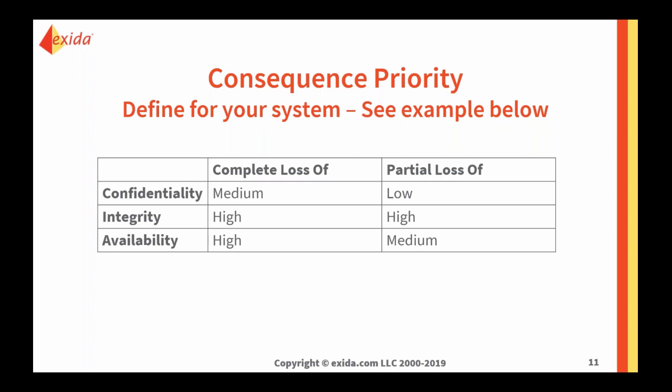For an industrial automation and control system, loss of confidentiality can be important, but it's usually not the most important. So maybe a complete loss of confidentiality in a system would be medium, and a partial loss might be low impact, low consequence. But the integrity of the system is much more important.